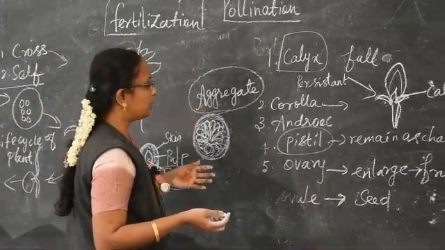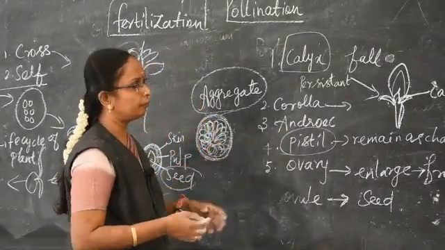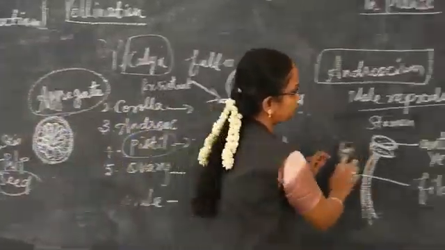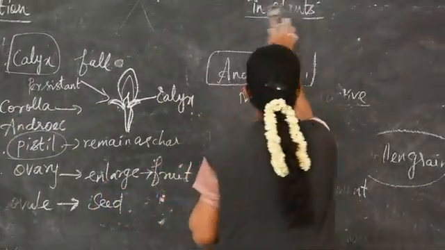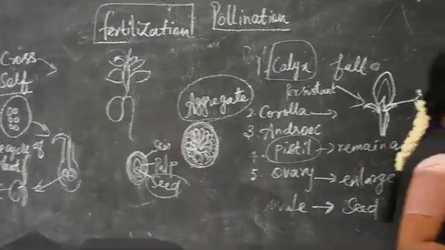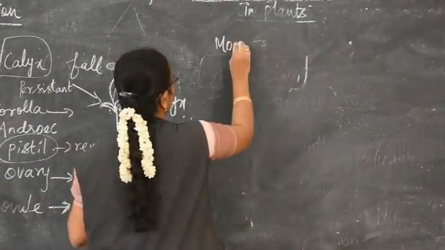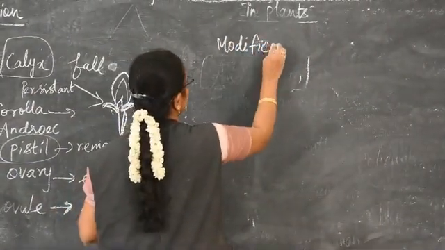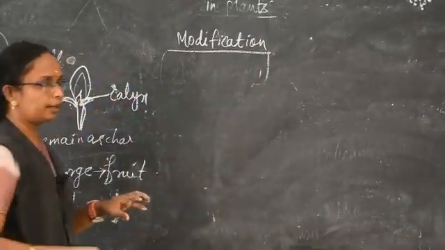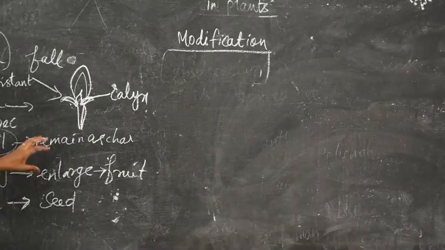So these are examples of how the fruit is developed after pollination and fertilization. Then we move on to modification. So after fertilization, each flower develops into fruit from the seed.